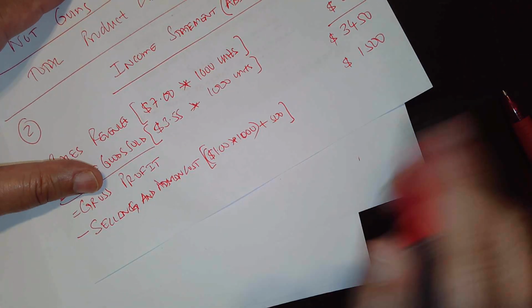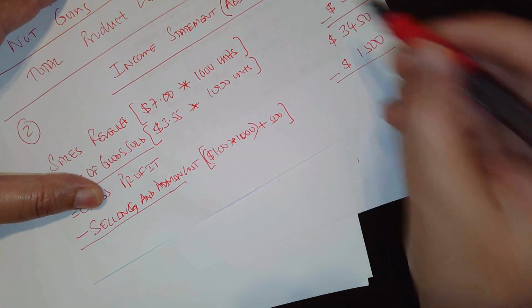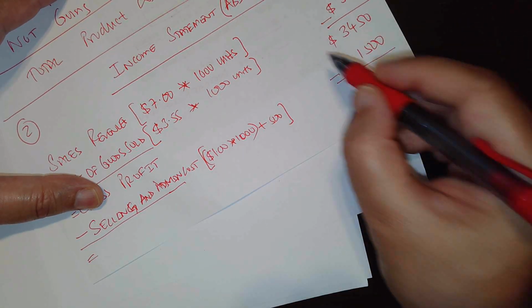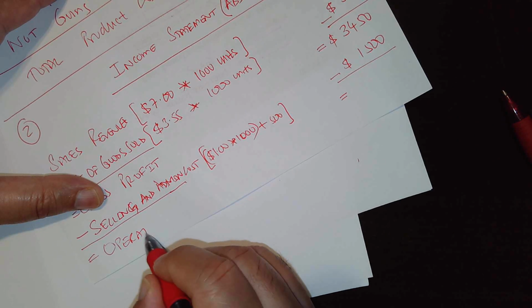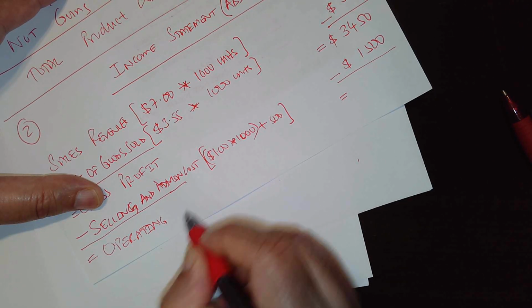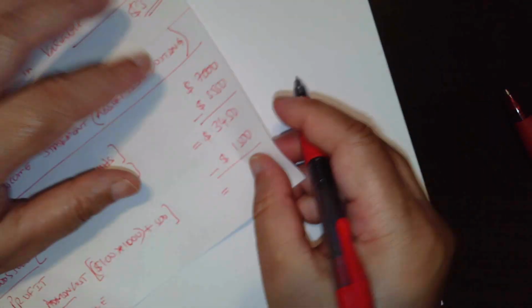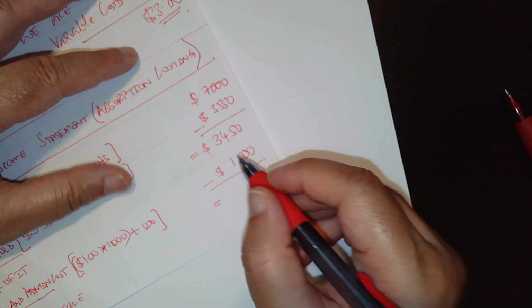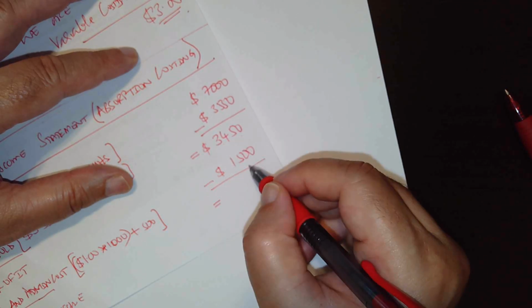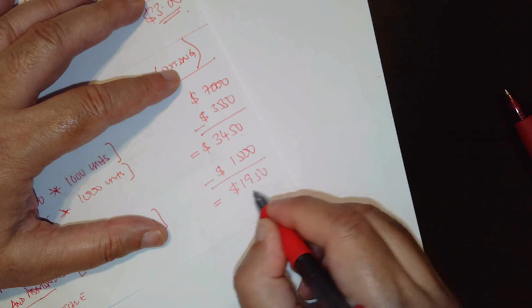And that gives us an operating income of 3,450 minus 1,500, which would give us 1,950.